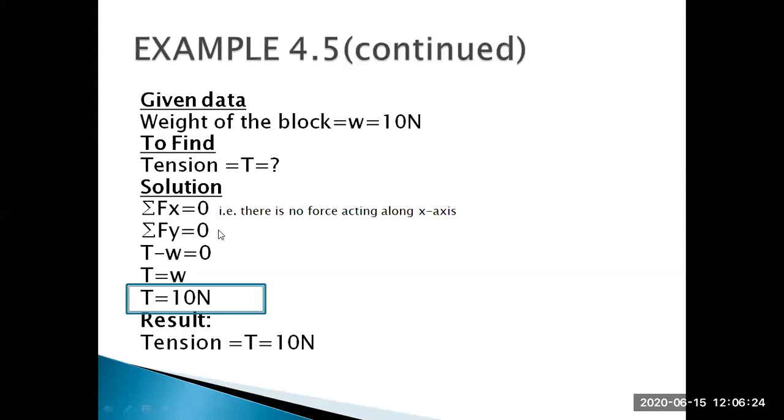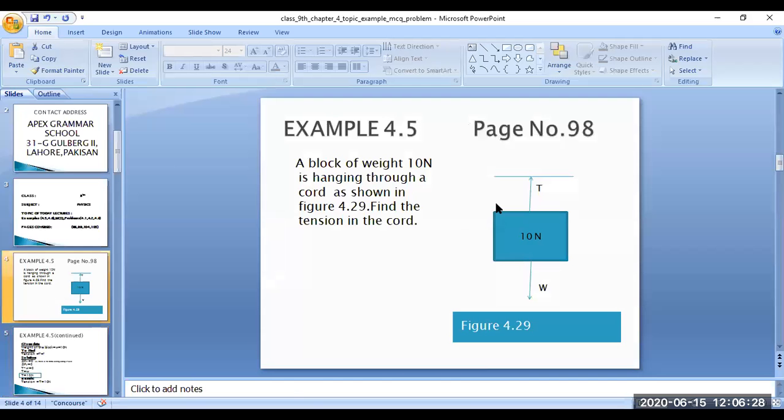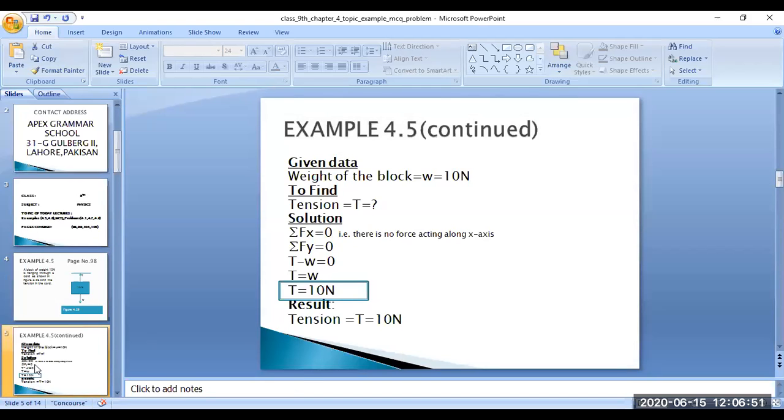What are the forces? Tension T and W. They have the same line of action because they are acting in the same line. T is acting upward, while the weight is acting downward. So there are only vertical forces acting on this body, and we have summation Fy equal to zero.